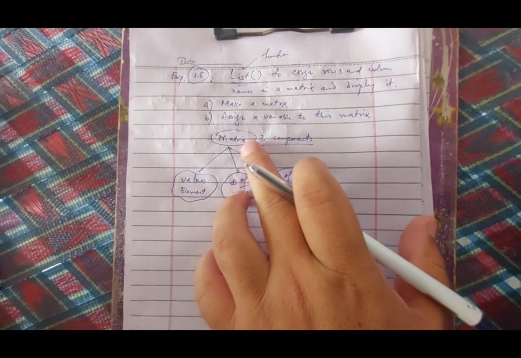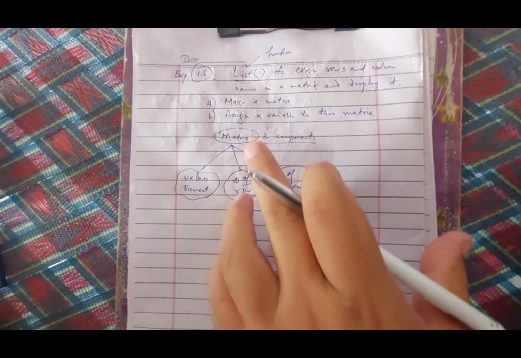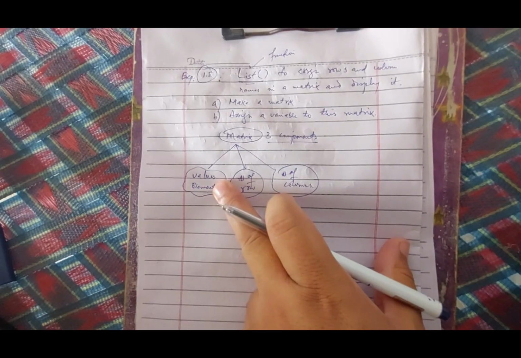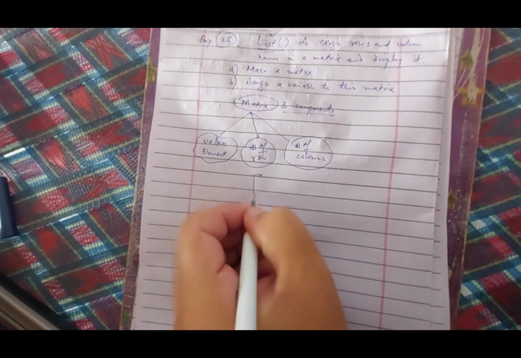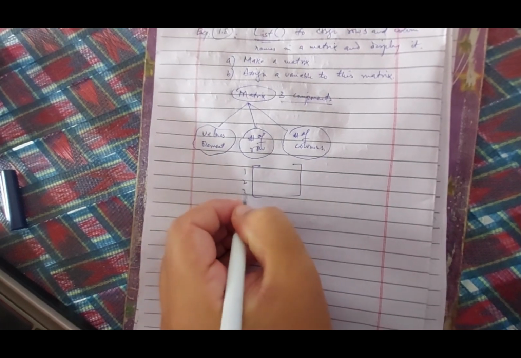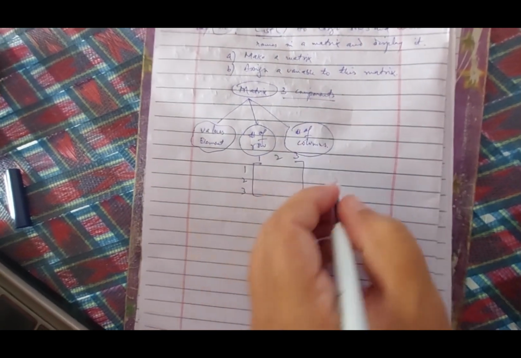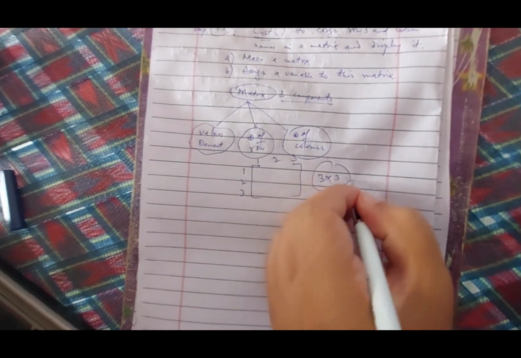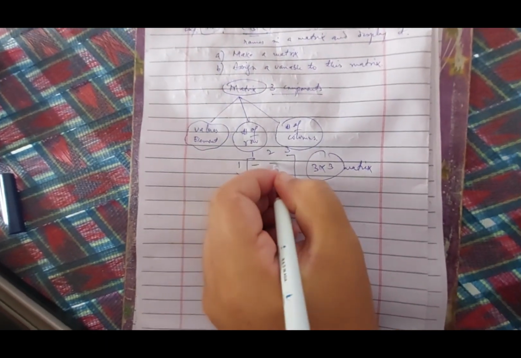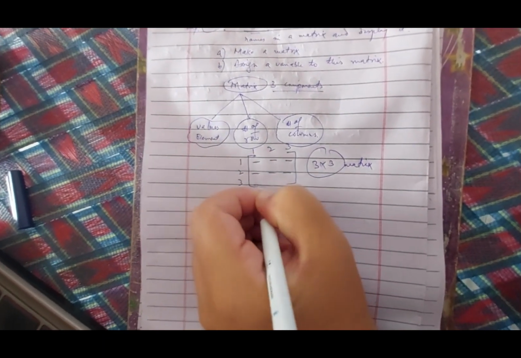For example, if you want to define a matrix in R, we have to define 3 components: the values of the elements, like we have a matrix in this form. These are the number of rows, these are the number of columns. So this is a 3 cross 3 matrix, and these are the values of the elements.